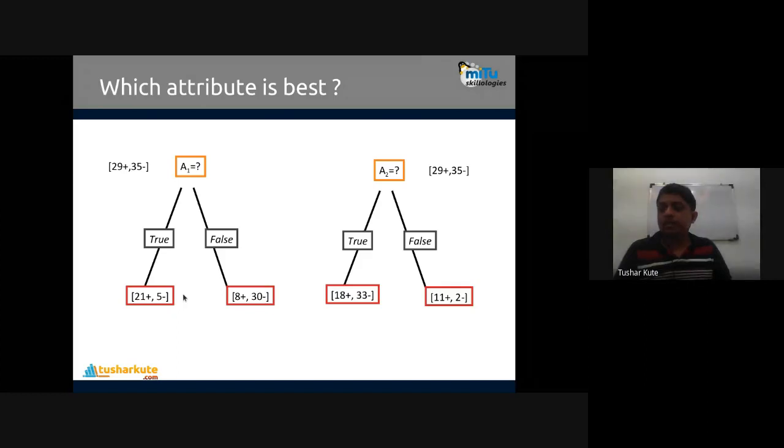And when the condition is false, out of 29, 8 are on the false side, and out of 35, 30 are on the false side. That means the condition separates the data well.